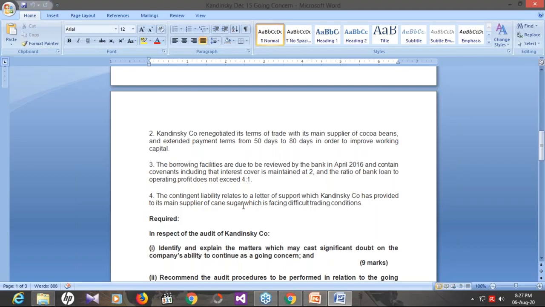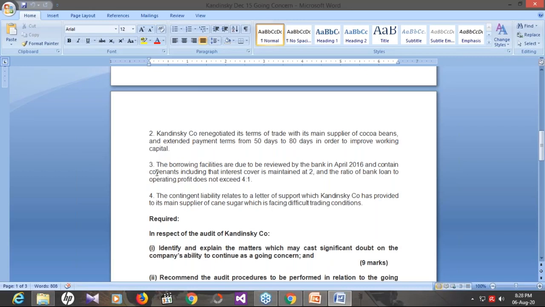Then we should review the minutes of the meetings to see what directors are thinking about it and how they are going to tackle that letter of support that they provided to the main supplier of sugarcane. And the most important thing is the legal correspondence or legal documentation regarding the involvement of Kandinsky in the liability of the main supplier. So we need to see these things.